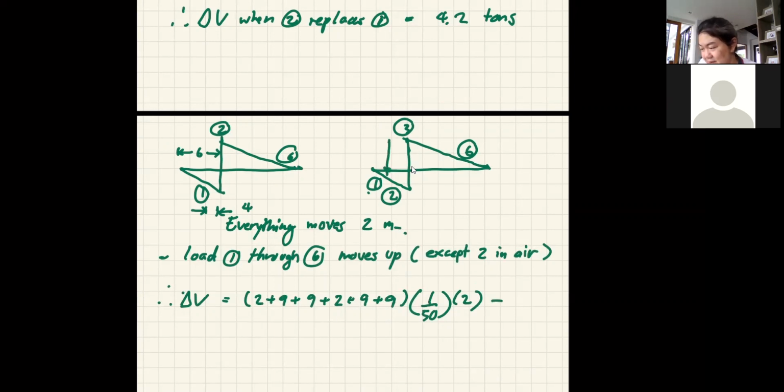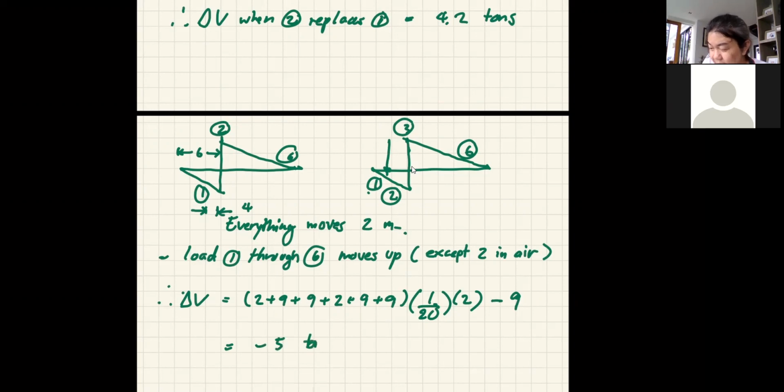Load number 2 is 9, so it's minus 9. And the total here is, load is total 40 divided by 50 multiplied by 2 minus 9. So that's what? You don't get the same number. Oh, that's a 20, right? 50 is from the previous problem. That's why. Okay. So it's -5.